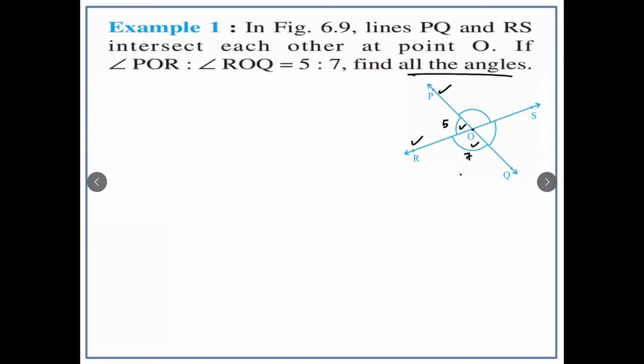Okay, so let's start with the solution. Again, in the solution we'll first write the given part, the information which is given to us.